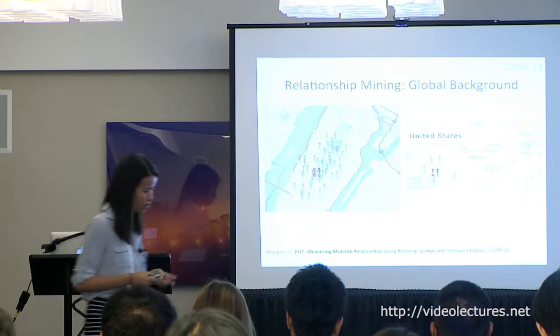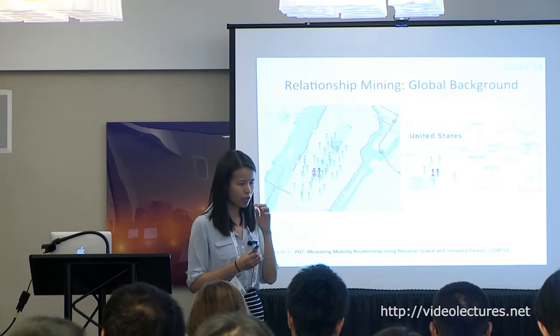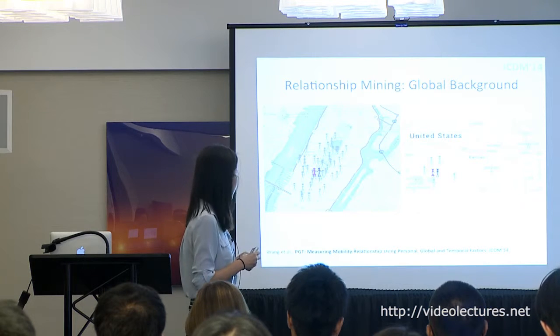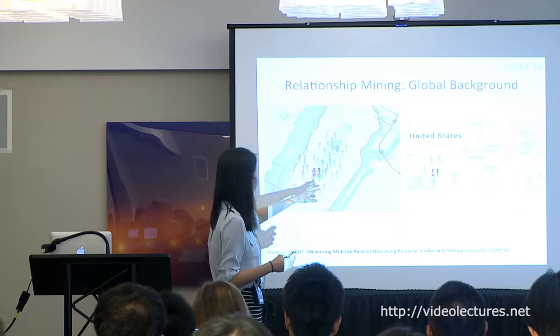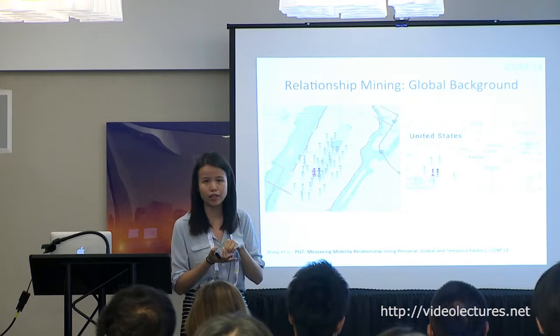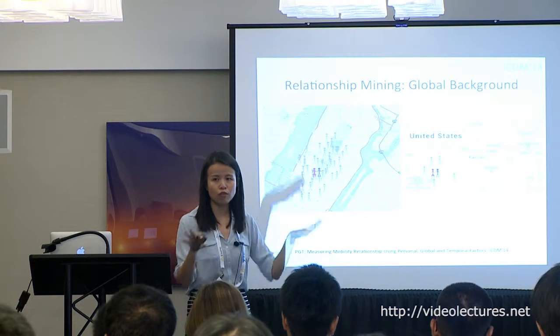And following up on this work, we further did some more on the relationship. This is our ICDM paper in 2014. And this is actually a Central Park example. In the first one, we only looked at whether we meet at a location I frequently go to, right? But I didn't look at the crowd.